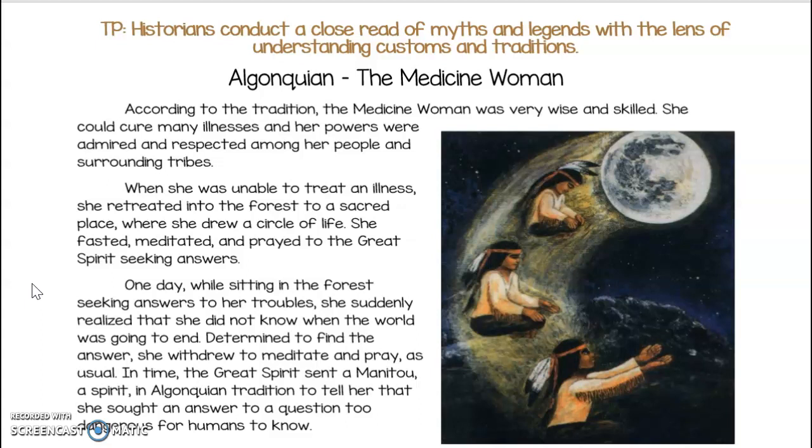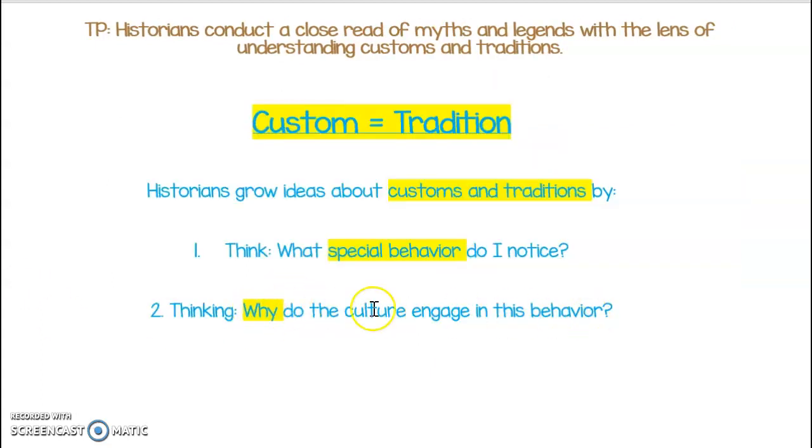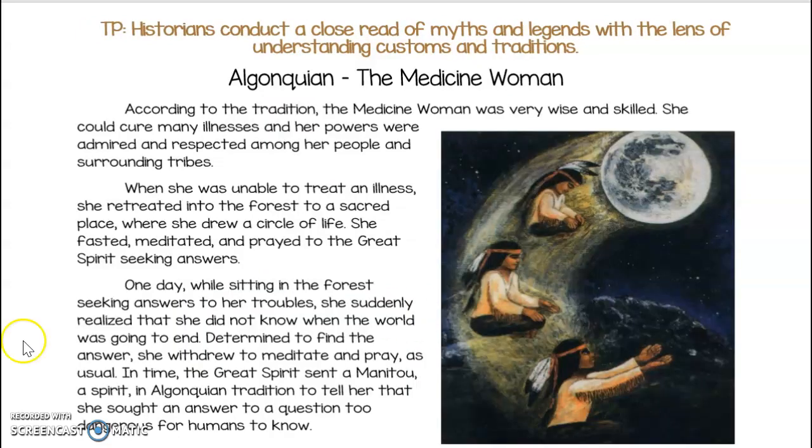Oh, okay, guys, did you catch why the culture engages in this behavior? Why did she do that? I noticed that she withdrew to a forest, drew a circle, prayed, fasted, and meditated because she was seeking answers. And also in the third paragraph, it says that she was seeking answers to her troubles. She was determined to find the answer.